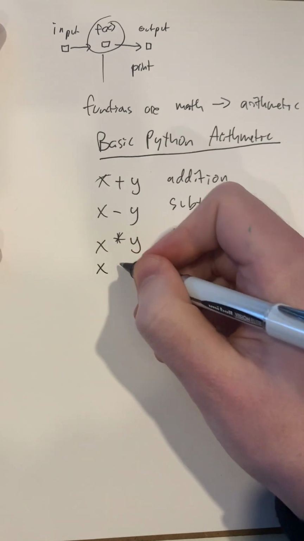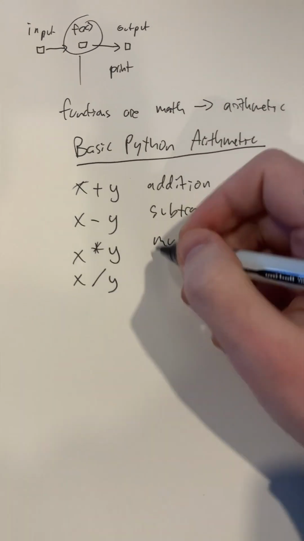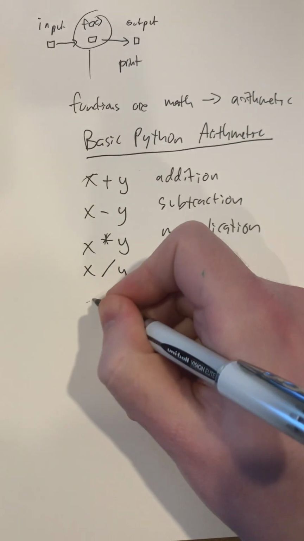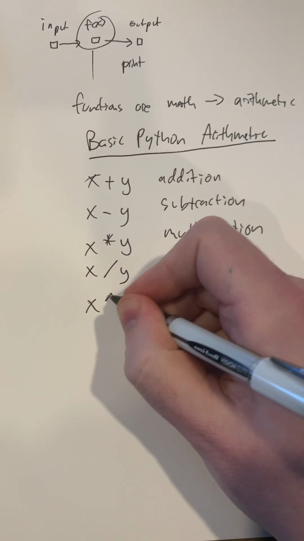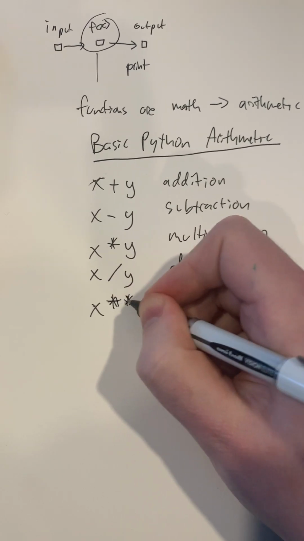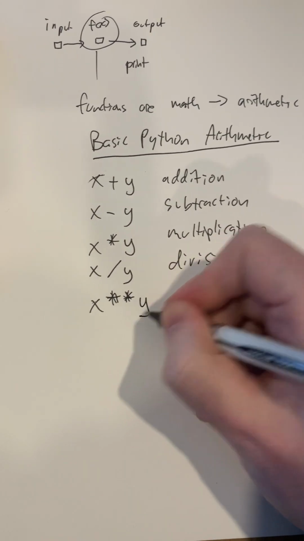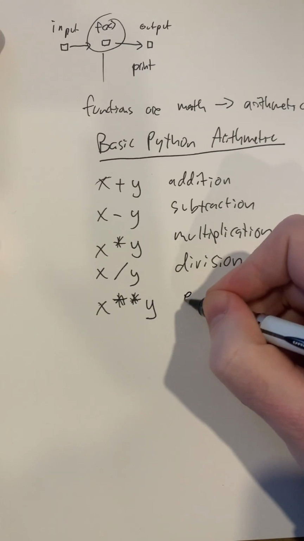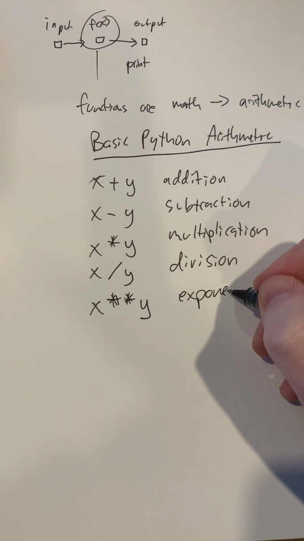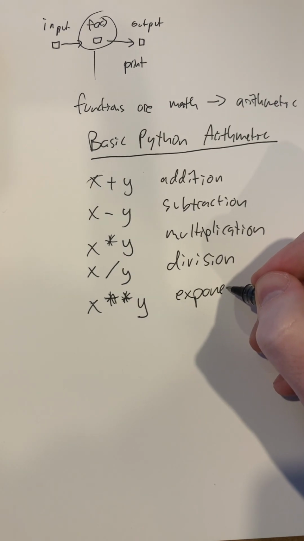Division uses this symbol. And exponentiation, which is going to be very useful. Sorry, it's going for a star there. There we are. Exponentiation.